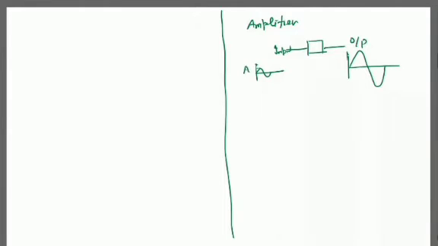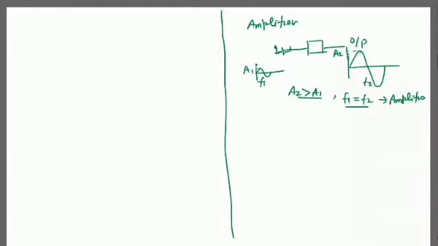If this is the amplitude A1 and here the amplitude A2 of signal 2, then A2 is greater than A1. So the amplitude of the signal is increased, while the frequency is constant. If the frequency is F1 and F2, then F1 equals F2. So this is an amplifier.